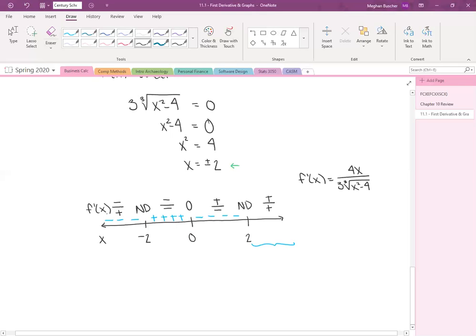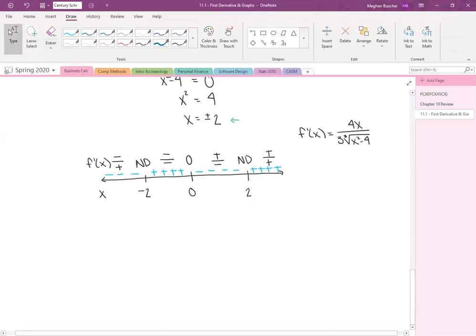So, like you said, we're going to have positive there. Okay? And remember that when we are negative, that's decreasing. Positive is increasing. Negative is decreasing.